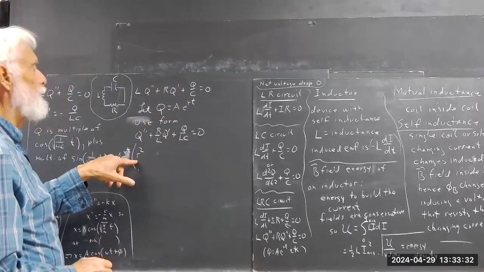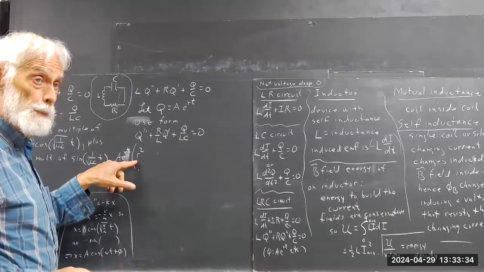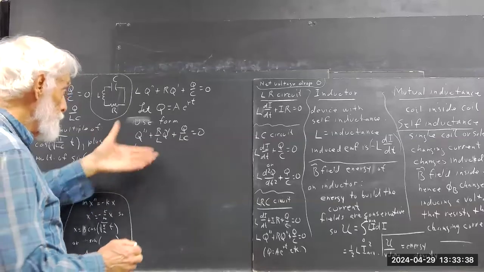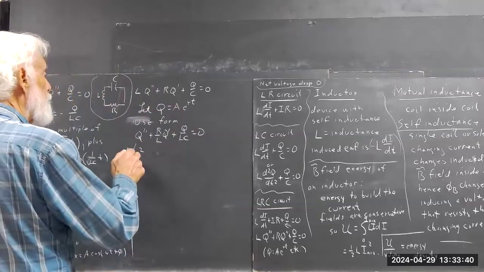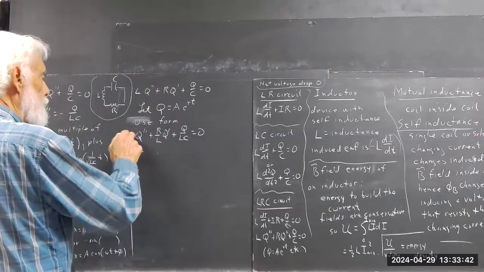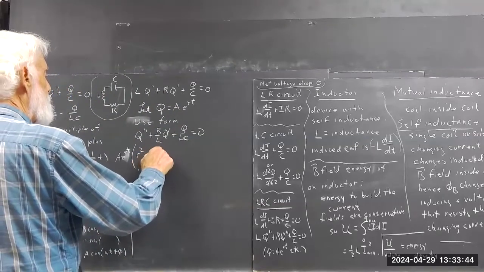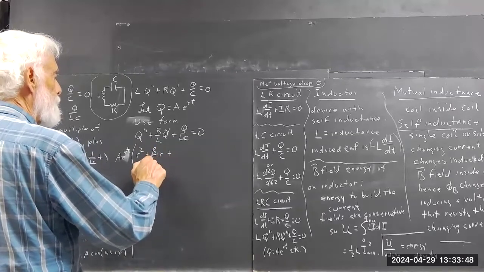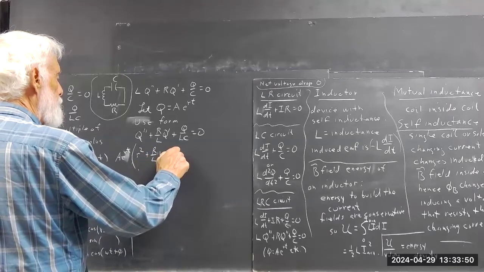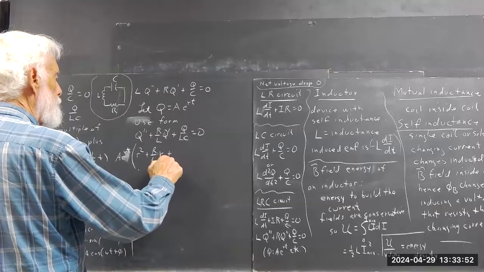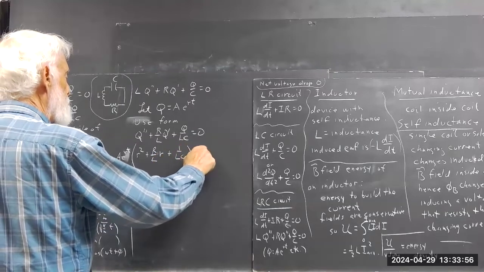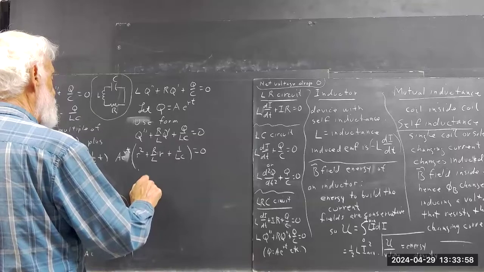Really, all we're interested in is a characteristic equation that should be familiar to you, right? Characteristic equation just pops out. So we have r squared for this plus big R over L times r plus one over LC equals 0.